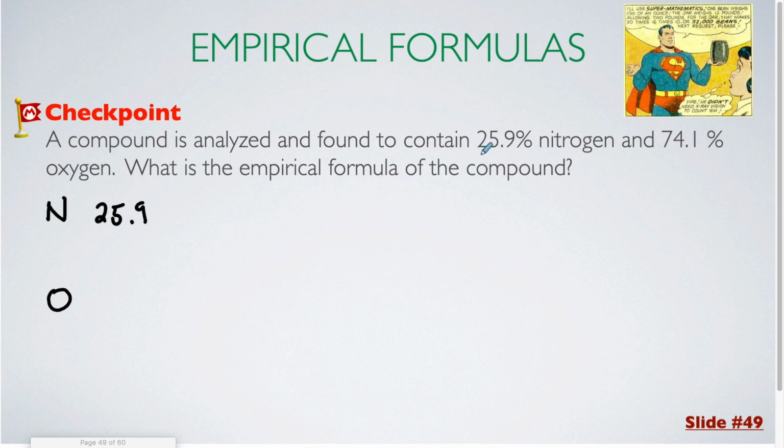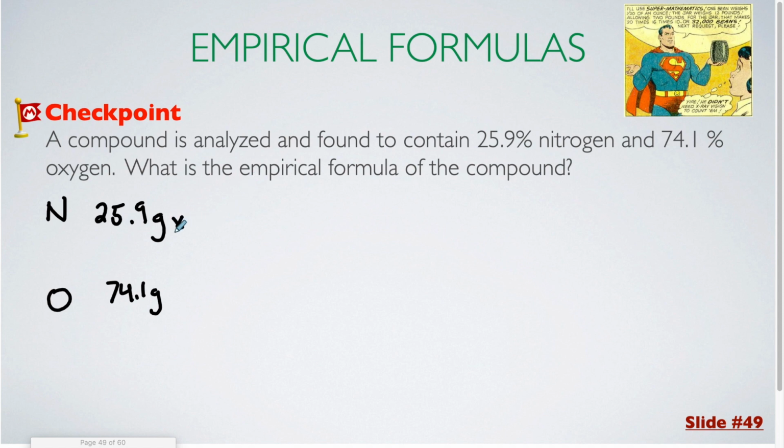So if I had 25.9% of 100 grams, that would be 25.9 grams. And if I had 74.1% of 100 grams, that would just be 74.1 grams. So there's actually no math involved within this step. You're really just switching out one unit for another, one that you can then use to convert to moles, which is our next step.